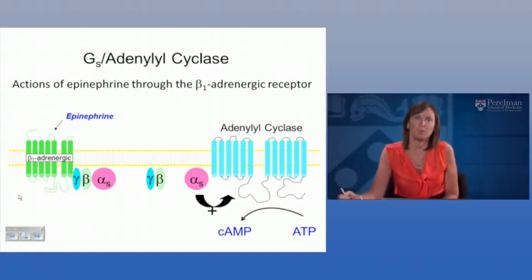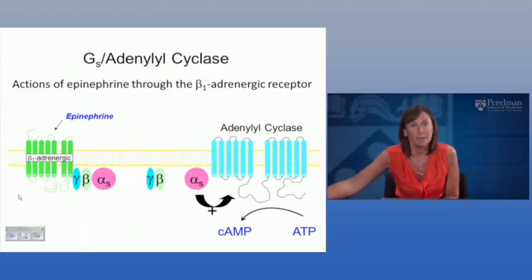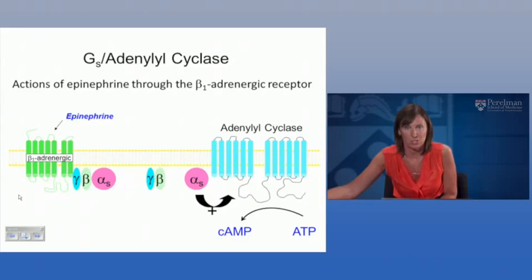An example from human biology involves the neurotransmitter epinephrine, also called adrenaline. In this example, epinephrine, a natural ligand, or it could be administered as a drug in the clinical management of patients.